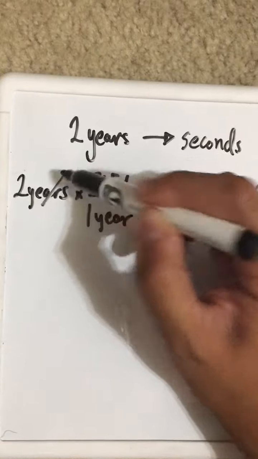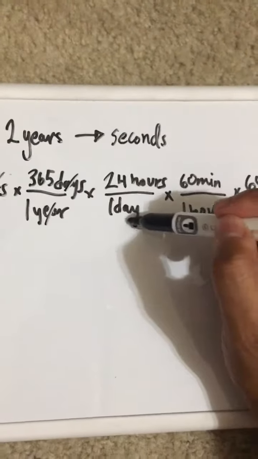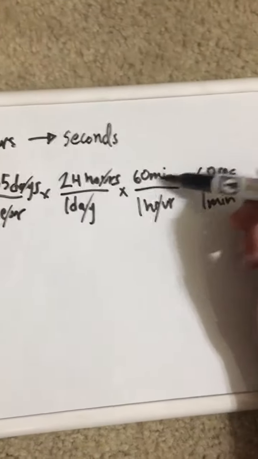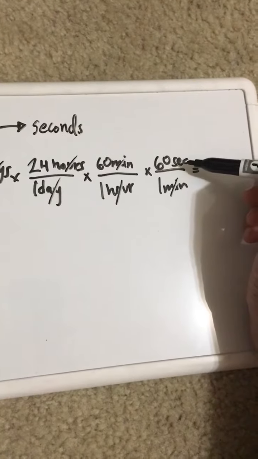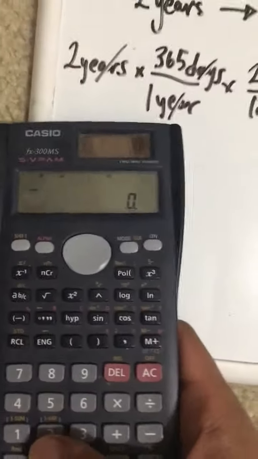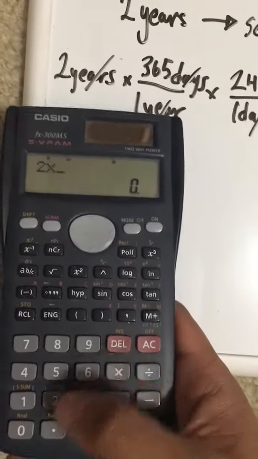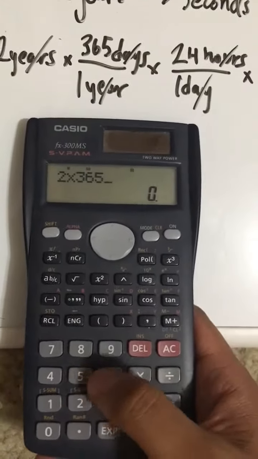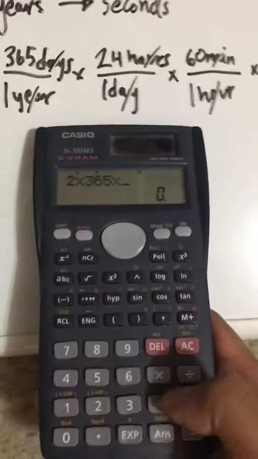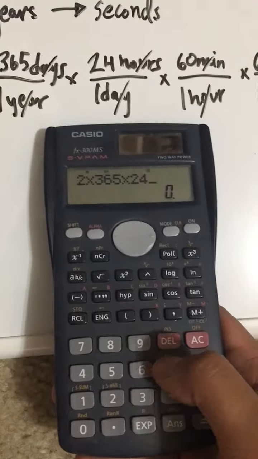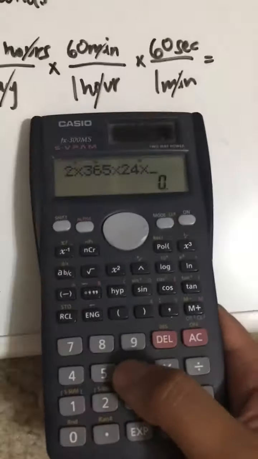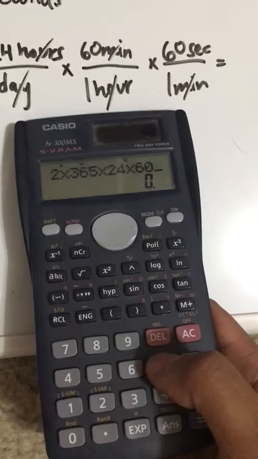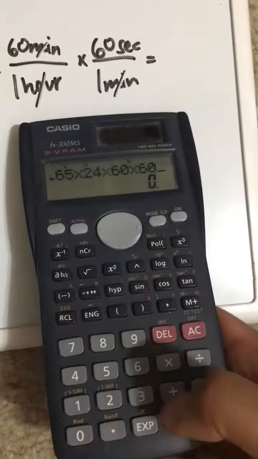And so first step, let's cancel out all the units, year and year, day and day, hour and hour, minute and minute, and the only unit that is not canceled out is seconds, which is perfect. And so let's take out our calculator. We have 2 years times 365 days per 1 year times 24 hours per 1 day times 60 minutes per 1 hour times 60 seconds per 1 minute.